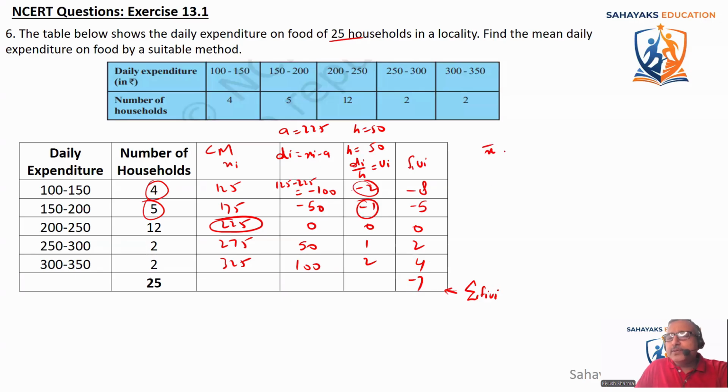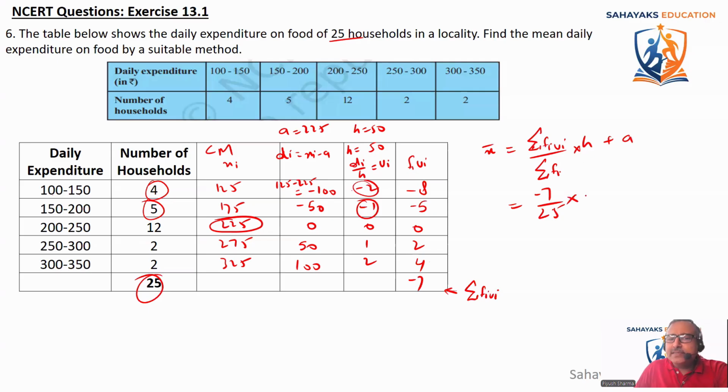Now we can easily compute x bar. X bar is equal to sigma fiui divided by sigma fi, into h, plus a. So sigma fiui value comes out to be minus 7, divided by sigma fi, which is 25, multiplied by h.